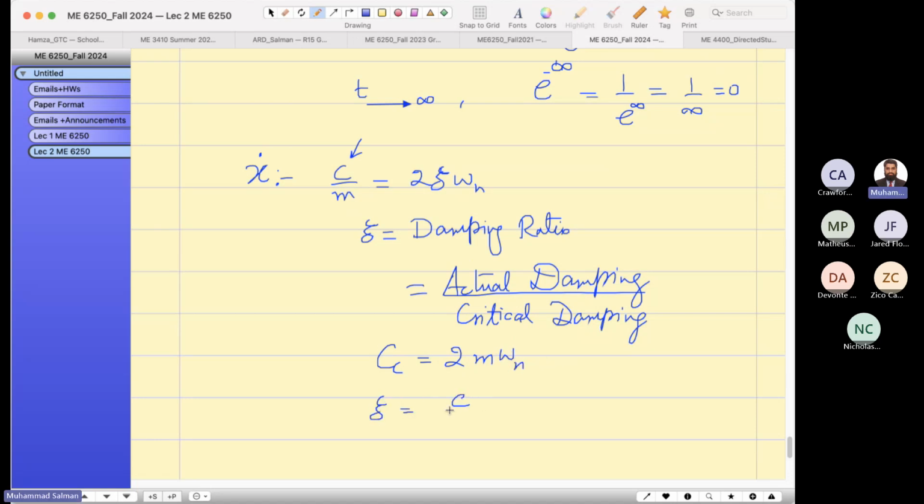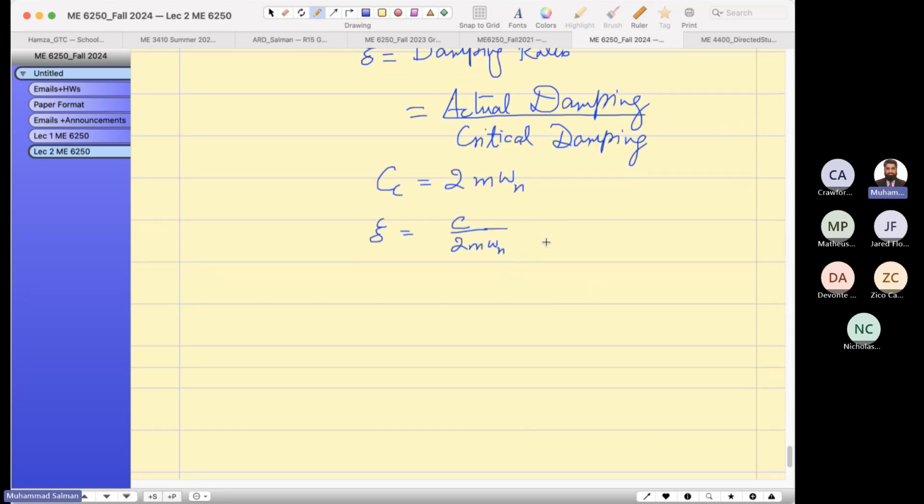So I can find C over 2m omega n, which is the damping ratio. Okay, and omega n, if you do the math here, you can further simplify. This is square root of k over m, so C over 2 square root of mk. Please note it down.